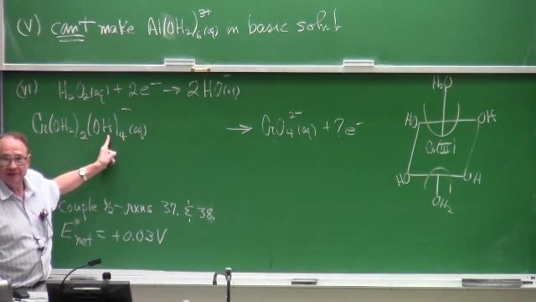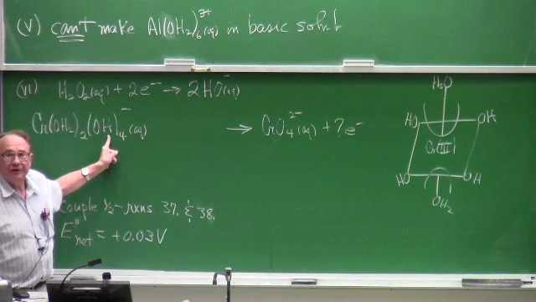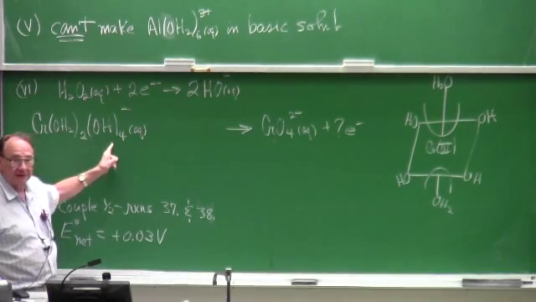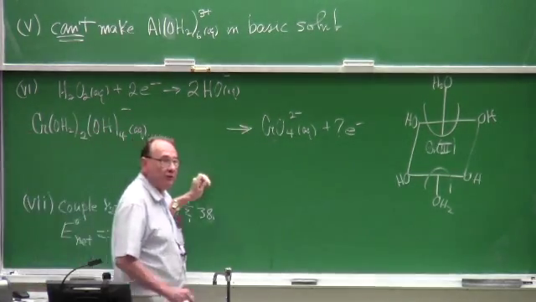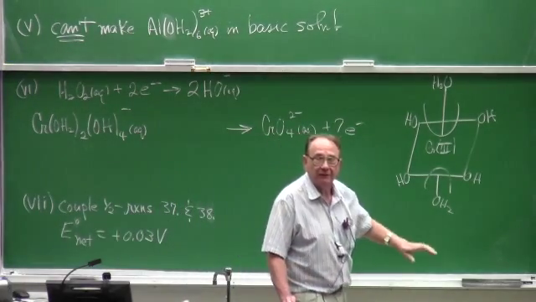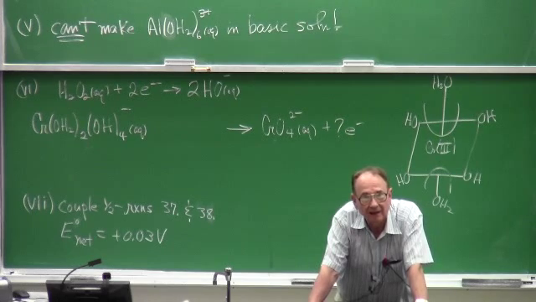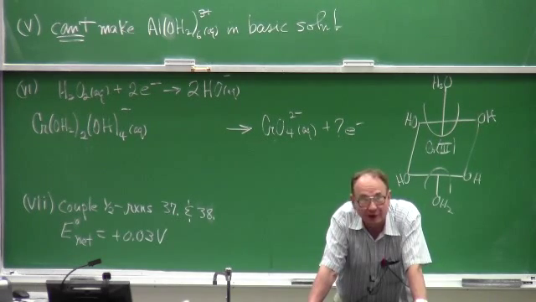They lost H+, didn't they? This chemistry is causing coordinated hydroxide ion, hydroxide ions that are part of this complex ion, to behave how? As what? A Bronsted acid.